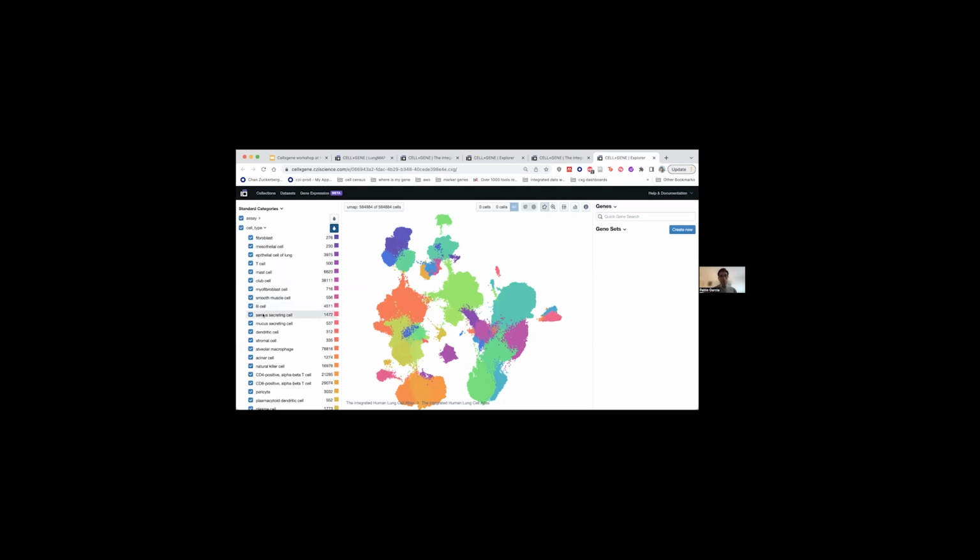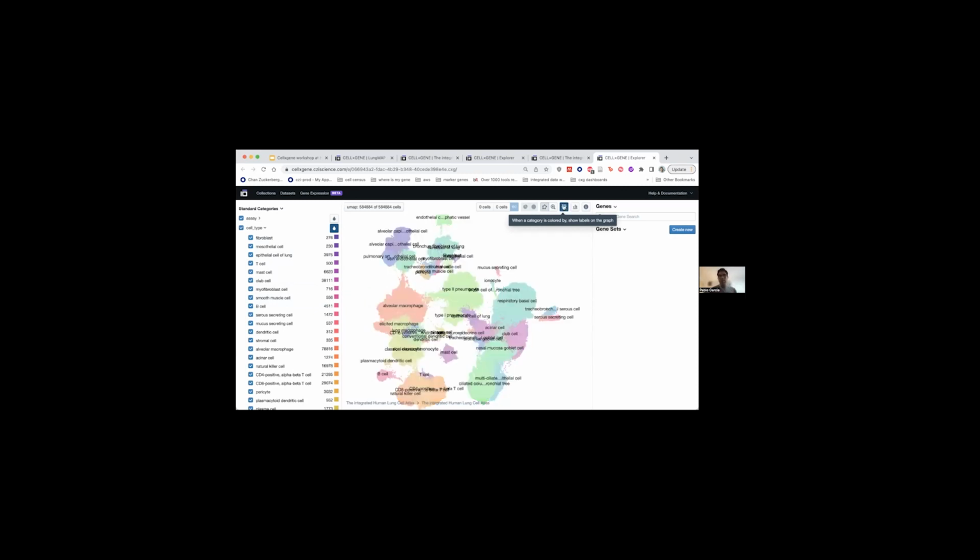Another way to keep track of all the different labels is to click up here on the three row icon, and that'll show you the label categories for the category that you are currently coloring by.